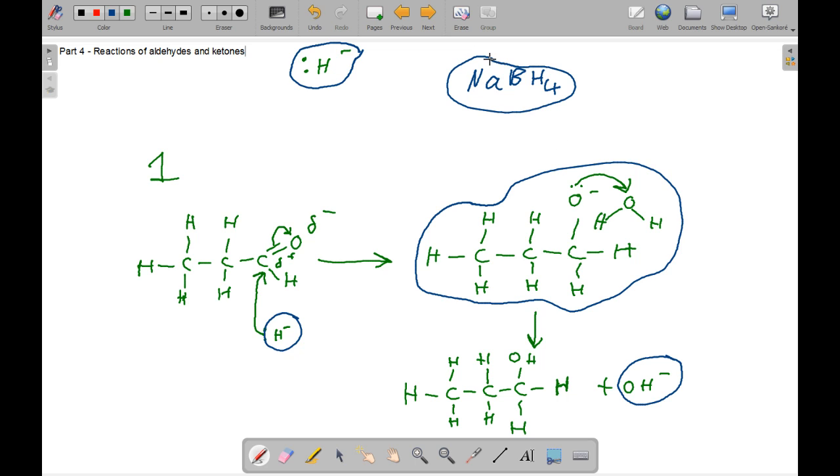And the reactant used is NaBH4. So this forms BH4 minus and hydride ions when aqueous. So the hydride ion is our nucleophile.